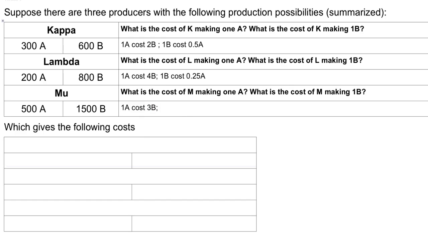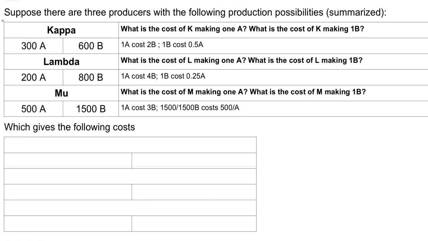We also can find out the cost of making 1B, of course. We know that those 1500 B's would cost us 500 A's. So if 1500 B's cost 500 A's, how much does 1B cost? Well, you divide this by 1500 to get that recipe down to size, to reduce the size of the margin down to 1 instead of 1500.